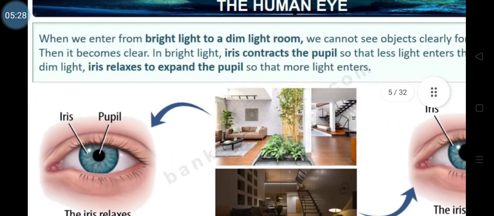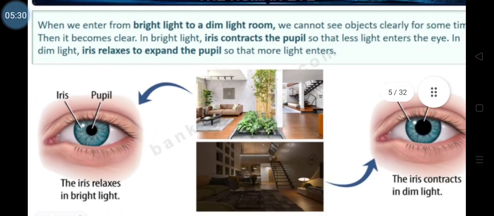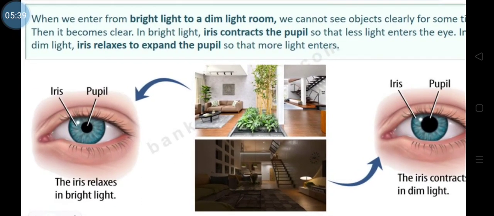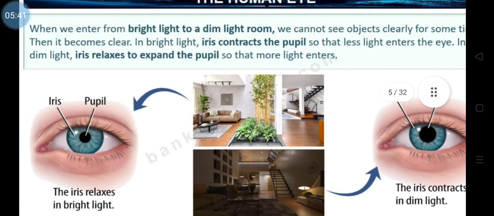So here you can see the iris sometimes relaxes, sometimes contracts. When we enter from bright light to dim light, there are some bright rooms, some dim or dark rooms.